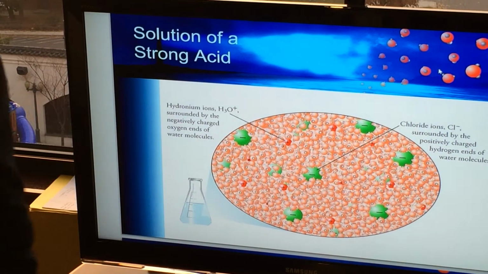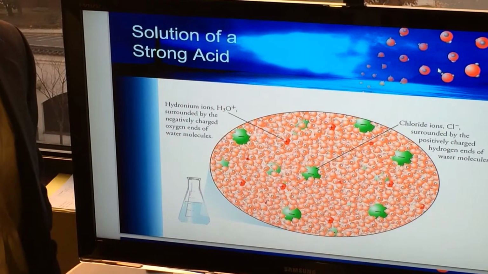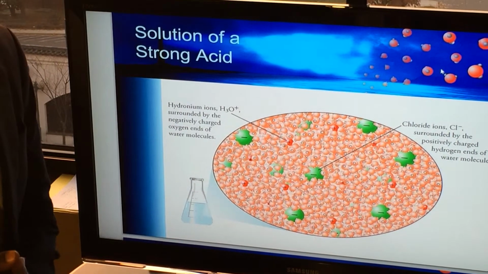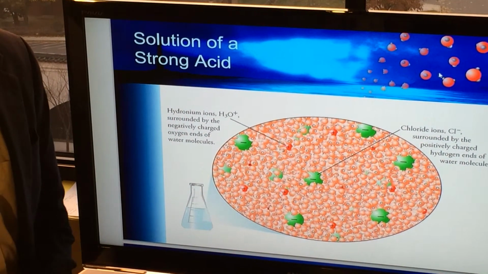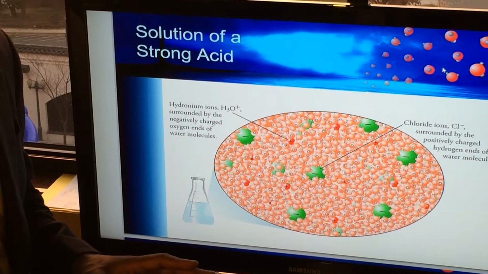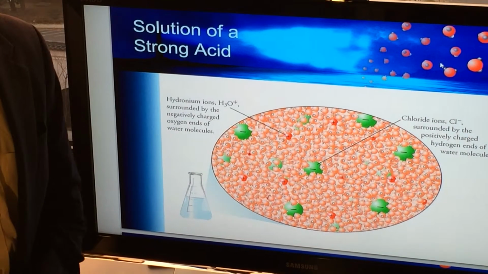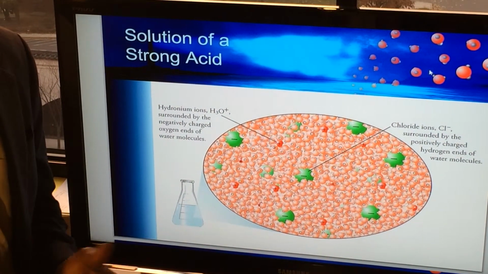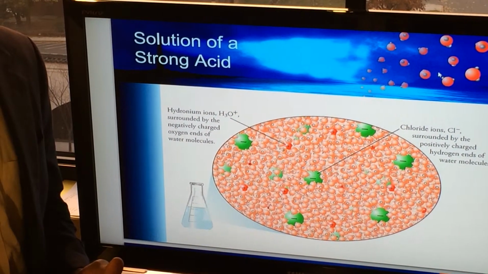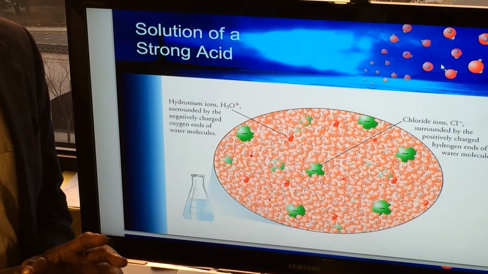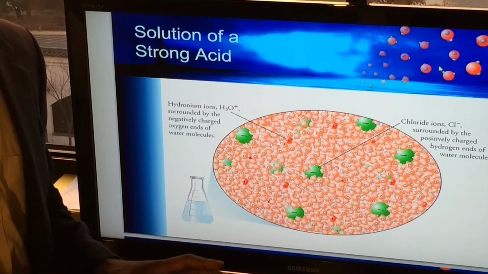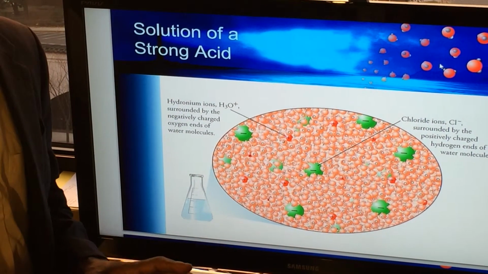So why is this? In chapter 5 we talked about different types of compounds, right? You have ionic, covalent polar, and covalent nonpolar. Water is what? Covalent polar. It means it has an unequal distribution, therefore most of the electrons are surrounding the oxygen, and oxygen has a partially negative charge. Hydrogens have the partially positive charge.